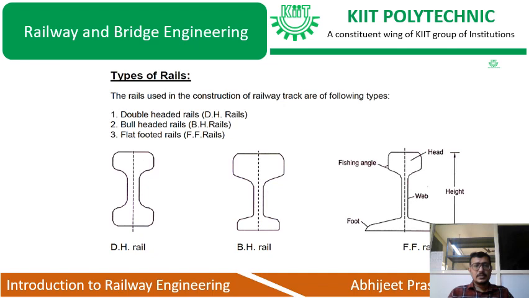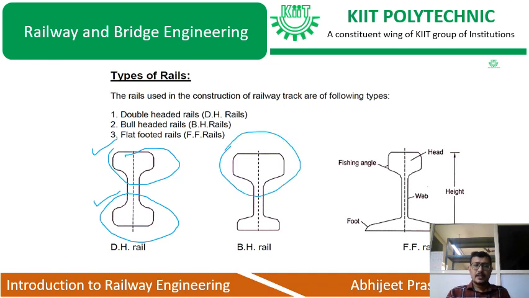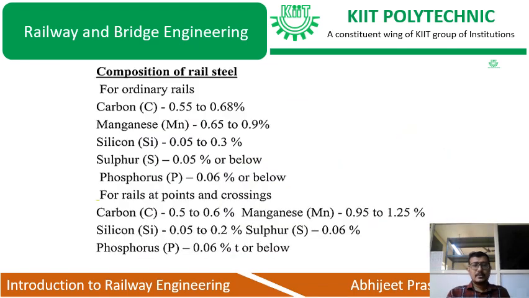One is the double-headed rail, DH rail: this is one head and this is another head, so there are two heads. The second one is the bull-headed rail, where the head is big, that's why it is called bull-headed. The third one is the flat-footed rail, where the foot is flat.